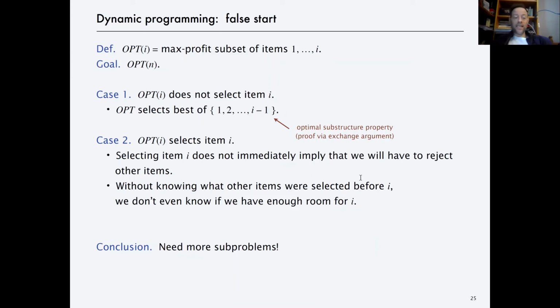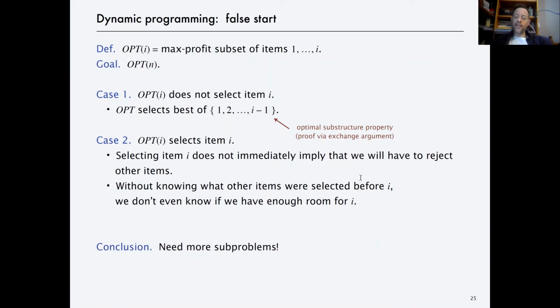And this state should be sufficient to find a unique optimal value, and it should contain a sufficient amount of information to compute the optimal value for this particular state. So let's try using the state of the index j, so that we have the maximum profit subset of items 1 to j. So for example, optimum of 3 would be the optimum choice when we can use items 1, 2, and 3.